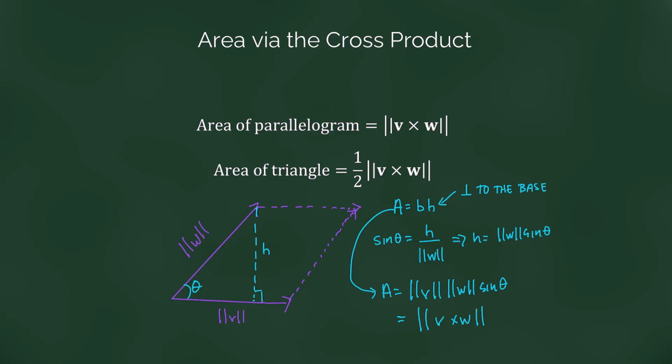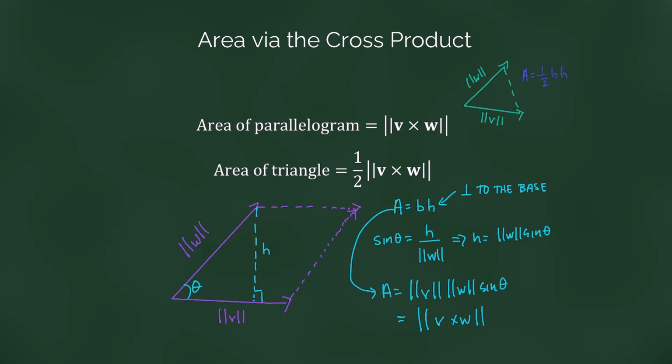The triangle works almost identically. So for a triangle, I'm going to use a different color. I'll do the triangle over here. We have our vectors again, v and w, so that two sides of our triangle have length, the magnitude of v and the magnitude of w. We'll connect those to make our triangle. But again, the area of a triangle is going to be 1/2 the base times height.